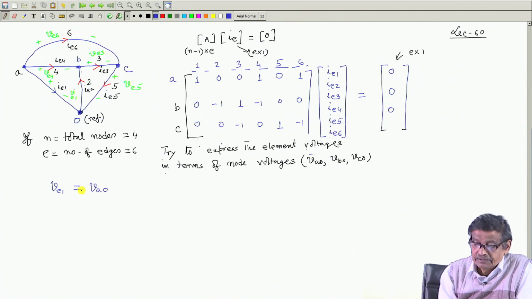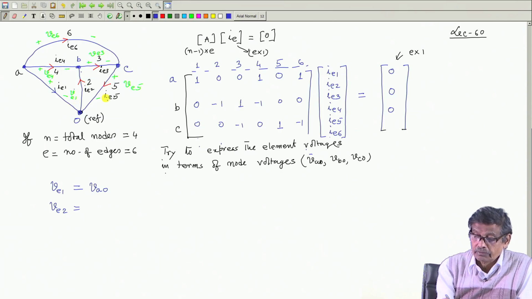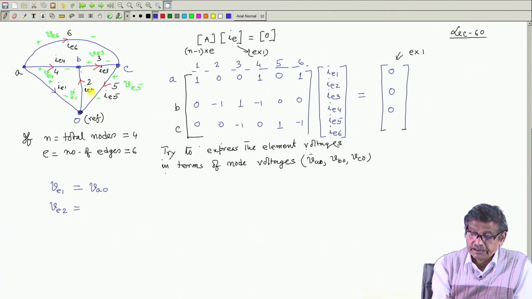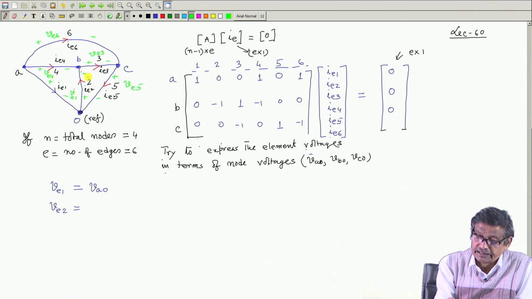Then V E 2: the polarity, I will denote it depending upon the direction of the current, plus minus, the arrow is like this.